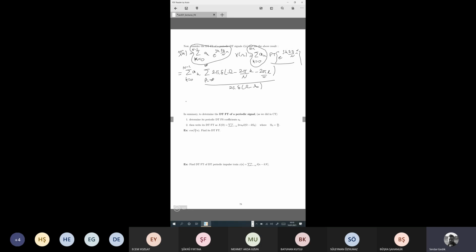So this is equal to, let's write, the summation k from 0 to N minus 1, summation L from minus infinity to plus infinity, a_k 2 pi impulse(omega minus k 2 pi over N minus 2 pi L).